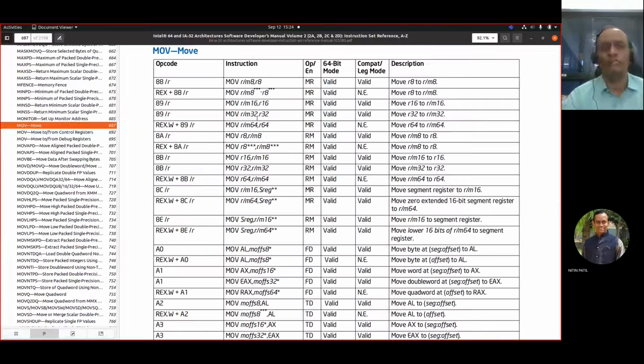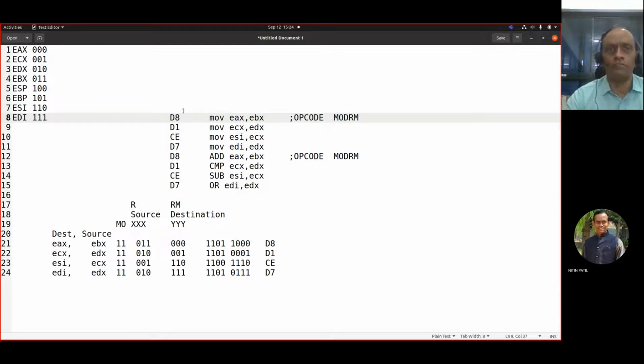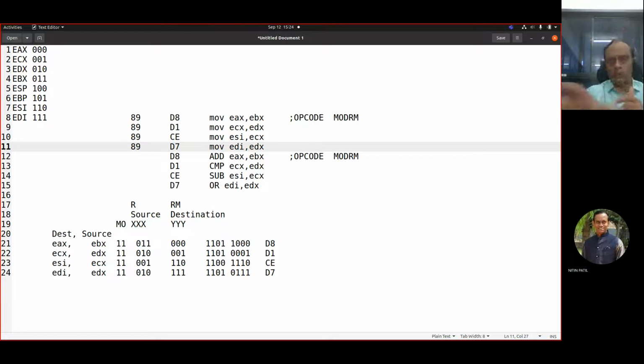In this table, an instruction like move can have 8-bit, 16-bit, 32-bit or 64-bit operands, anything possibly. Correct. So for a 32-bit operand, let us check. We are saying that the second operand is a register, so we are talking about this. We should see 89 generated for it. For all of these, it should be 89, 89, 89, 89 for each of these 4 instructions.